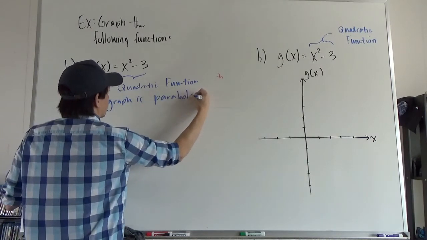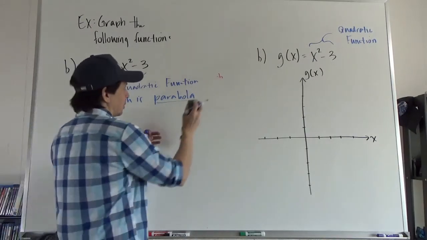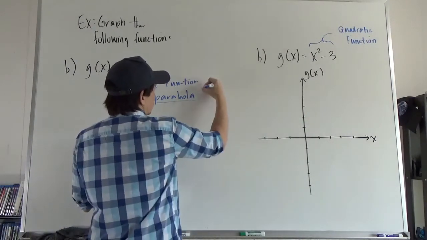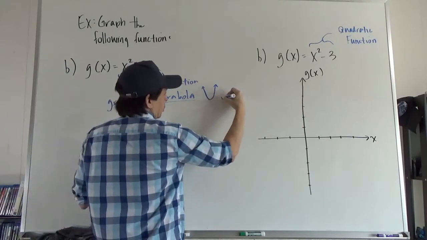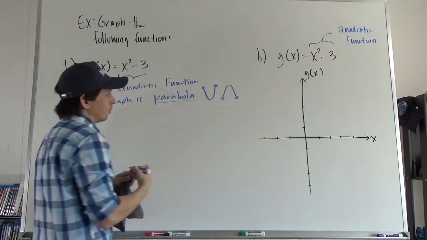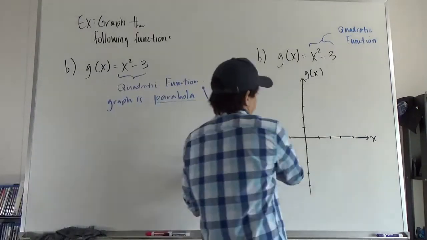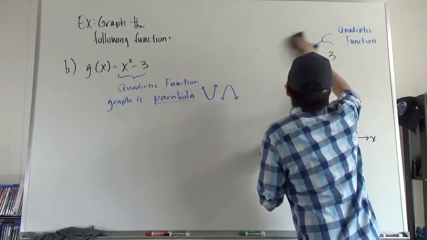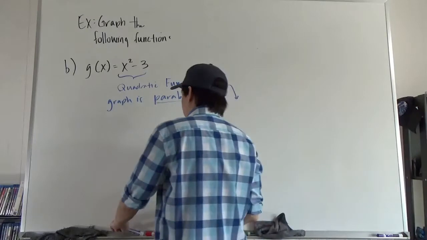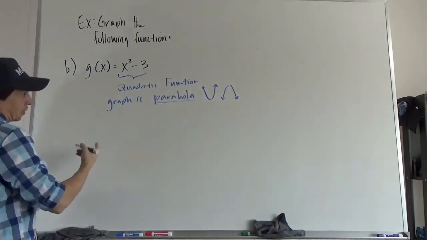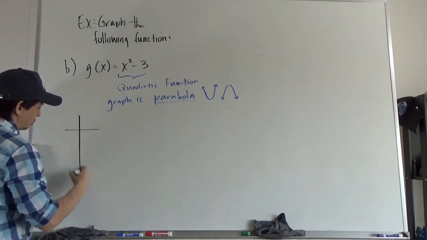You don't need to know it, I'm not testing on it, but just to make sure that you'll see it in future math classes. It's a U shape sort of that goes up or down. Could go either way, but it's one of those. Okay, and you cannot use slope intercept because it's obviously not going to be a line, so here you have to plot points.